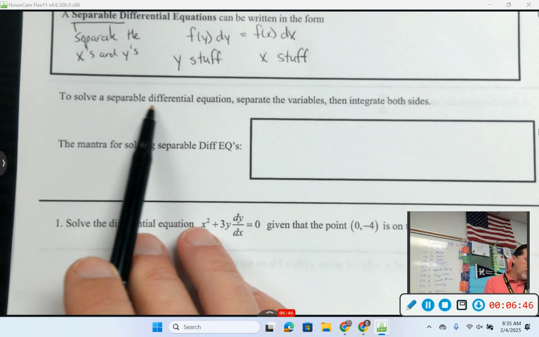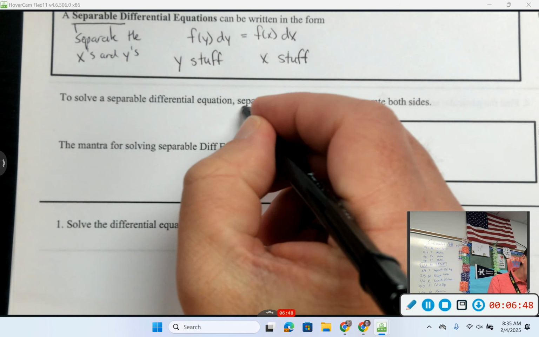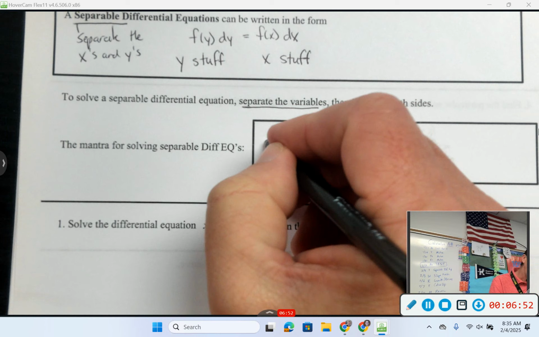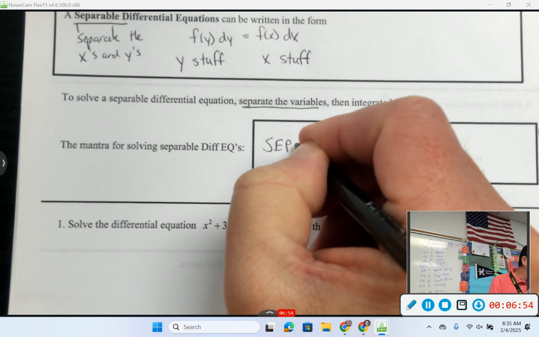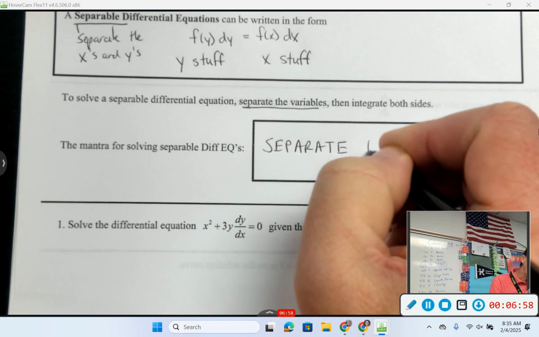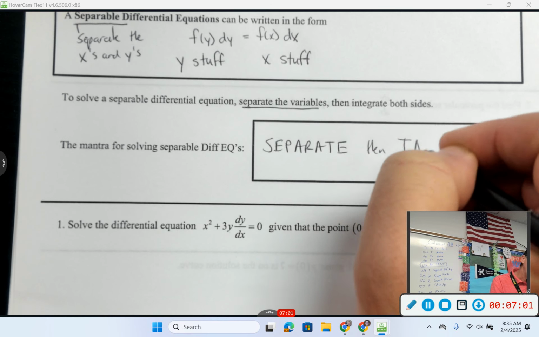To solve a separable differential equation, separate the variables, then integrate both sides. And maybe it seems dumb to put this in a box, but separate, then integrate.